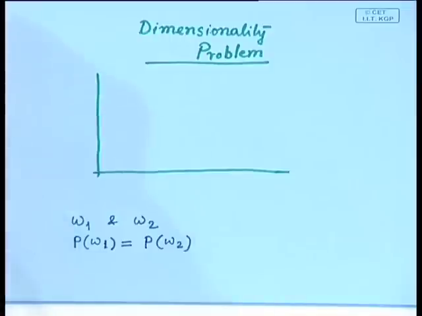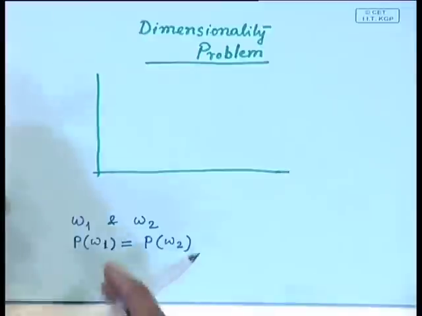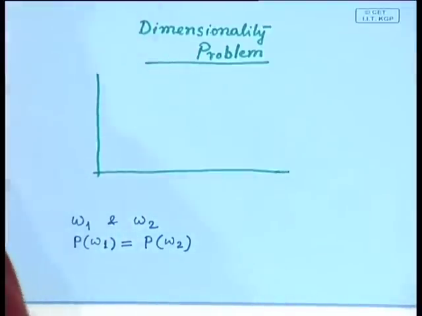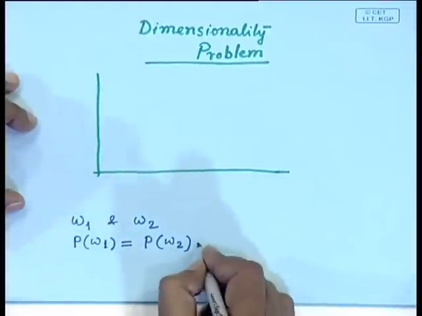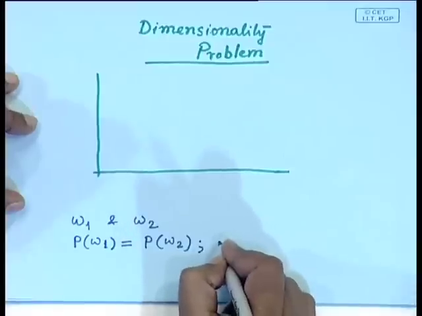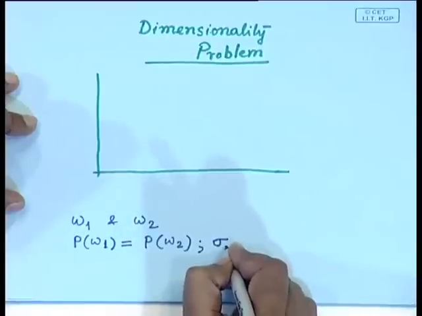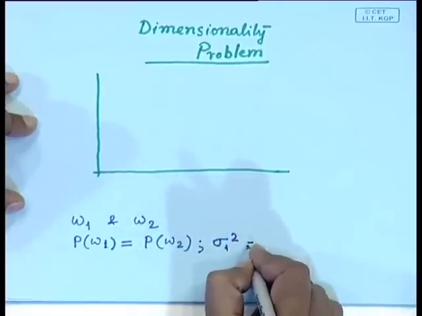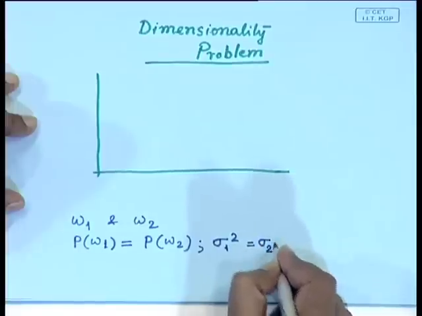If I plot the probability density functions, let me also assume that the variances of the two classes are the same, that is, sigma 1 square is equal to sigma 2 square, for simplicity.